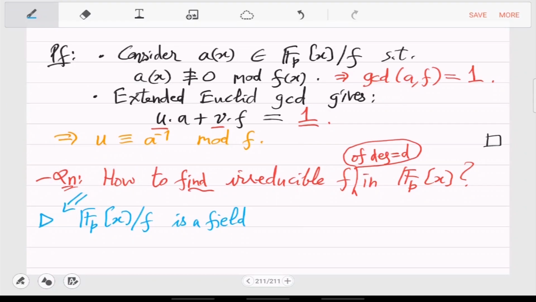So how many elements are there of degree d minus 1? It is a field of size p to the d, right, because the numbers are 0 to p minus 1, and in every coefficient you will put one of these, and there are d coefficients. So you get p to the d, just that simple calculation.